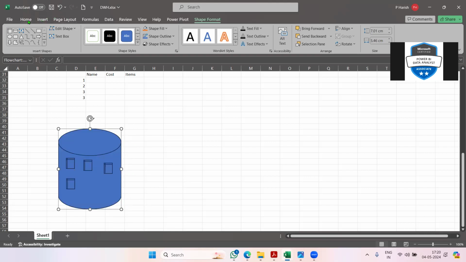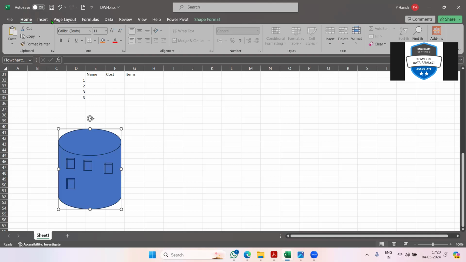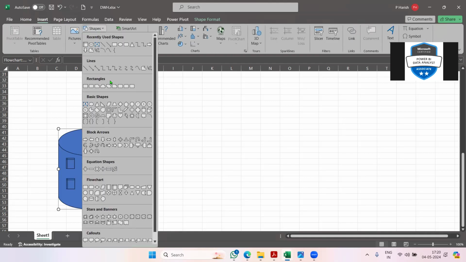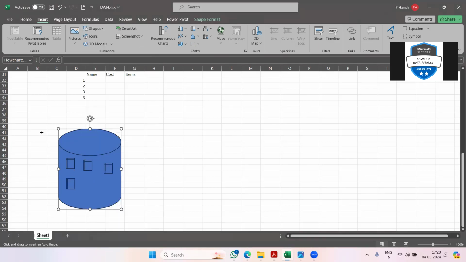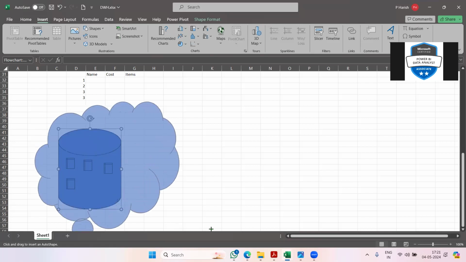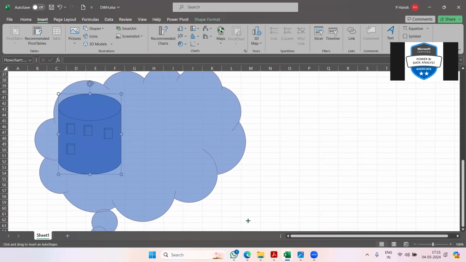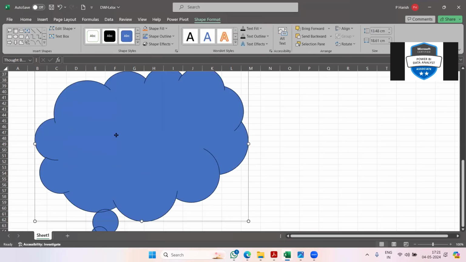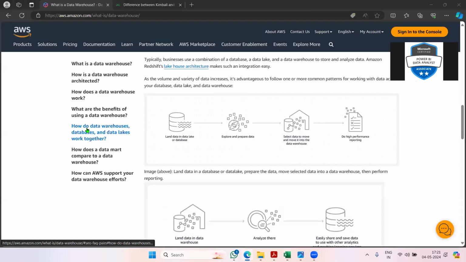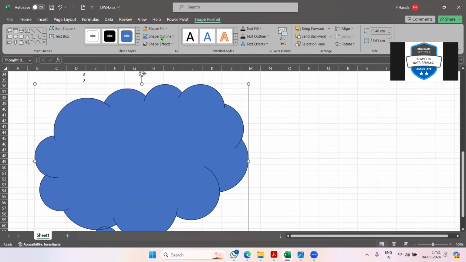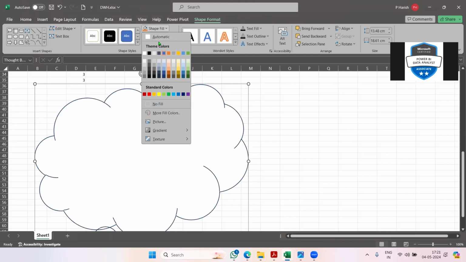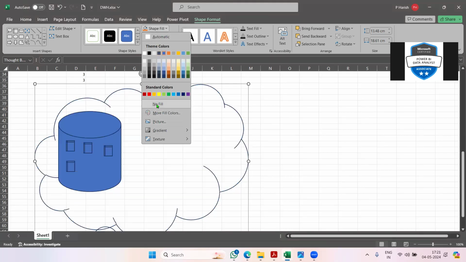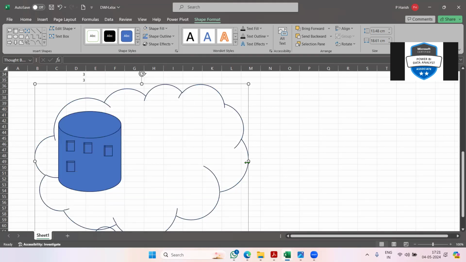Now, if you are taking a data lake, it is a kind of cloud. Here it is, a bigger cloud like this.